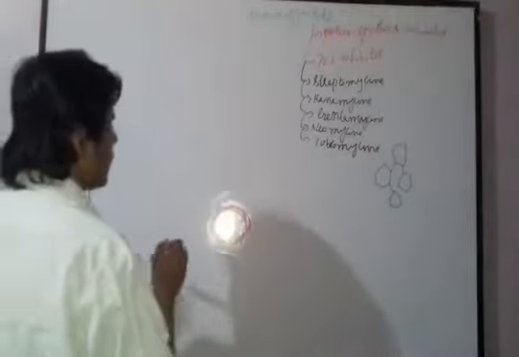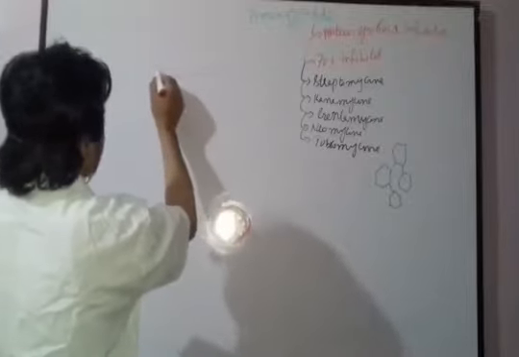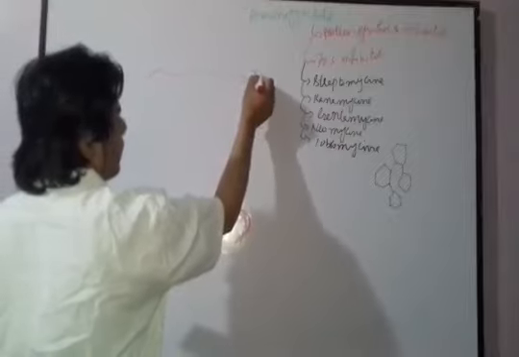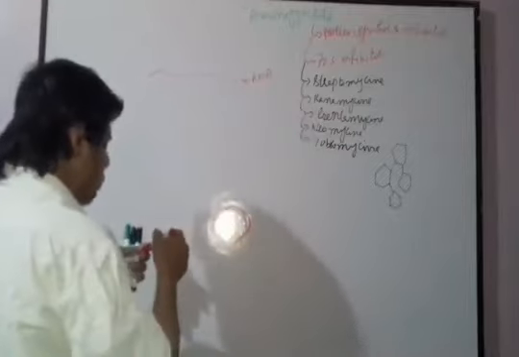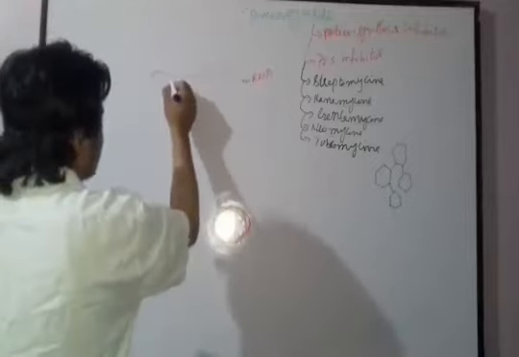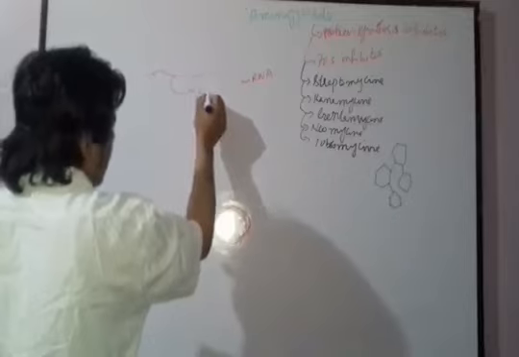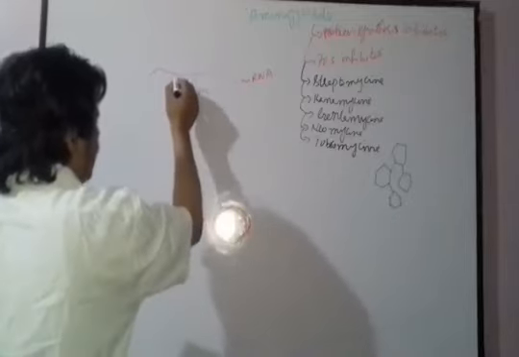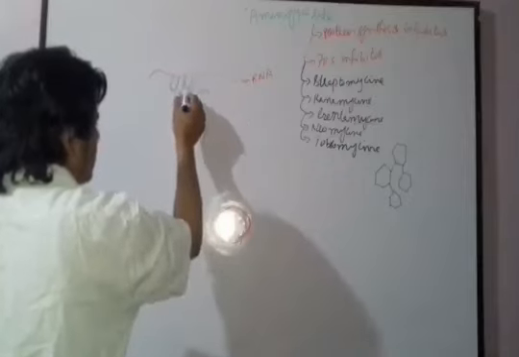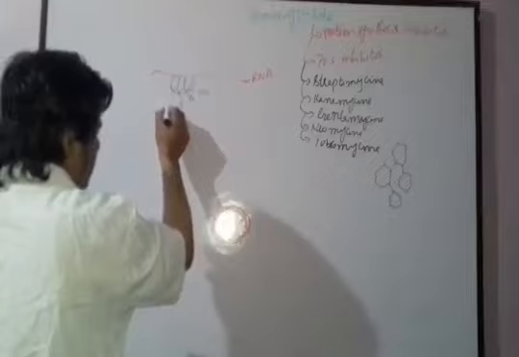In the mechanism of action, let's suppose this is the mRNA, meaning messenger RNA. And this will be the 30S ribosome. As I told you, it contains 3 sites: A site, P site, and E site.